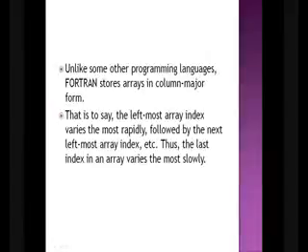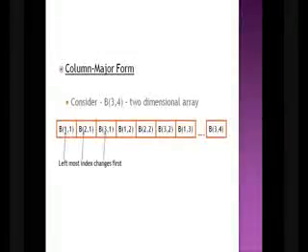Thus, the last index in an array varies the most slowly. This slide shows what happens in column major form. As we said earlier, when we move from left to right in a two-dimensional array, the value of the left index changes while the right index stays the same.